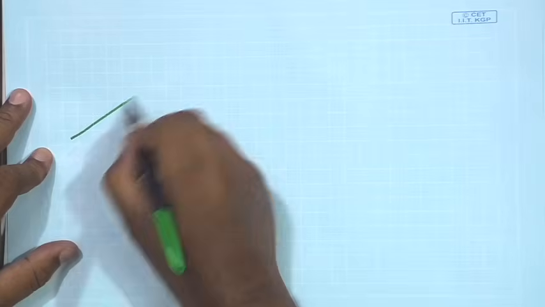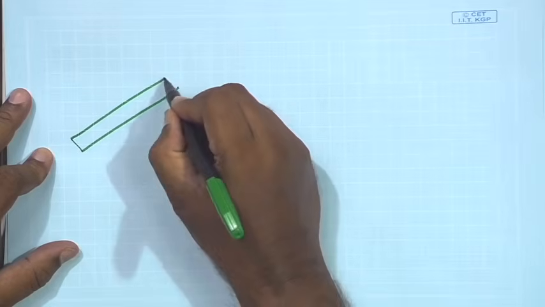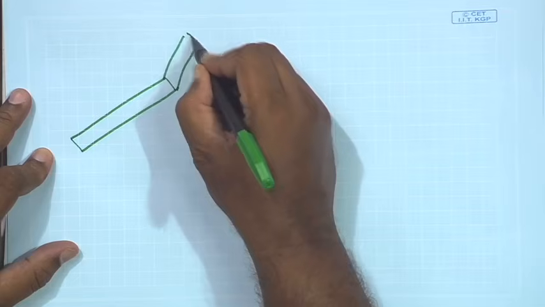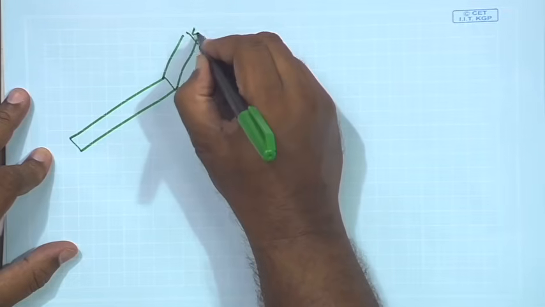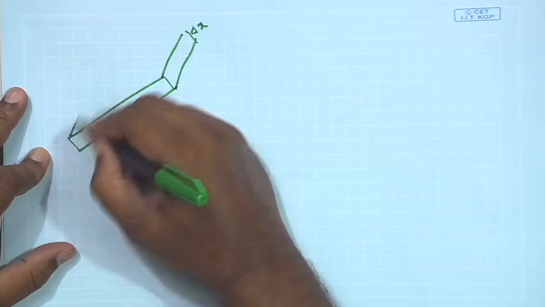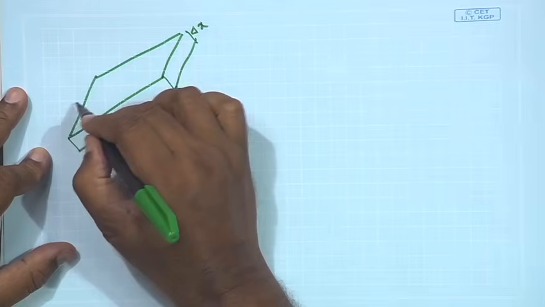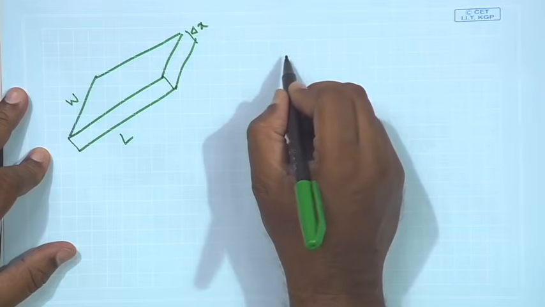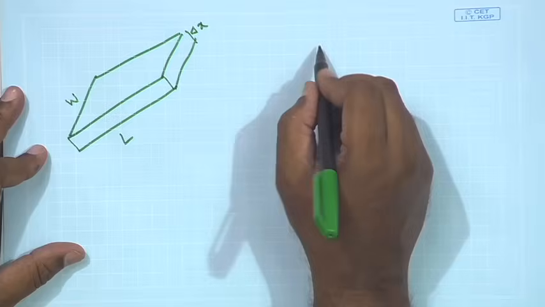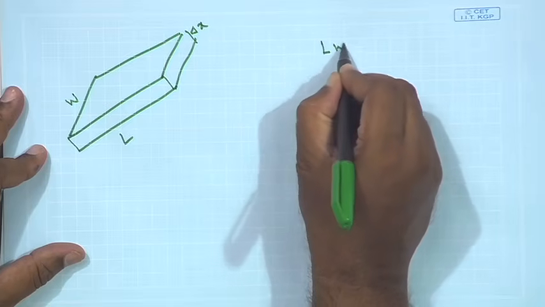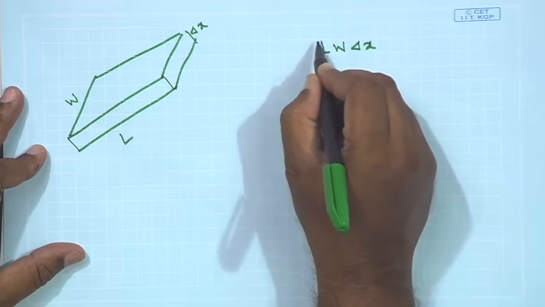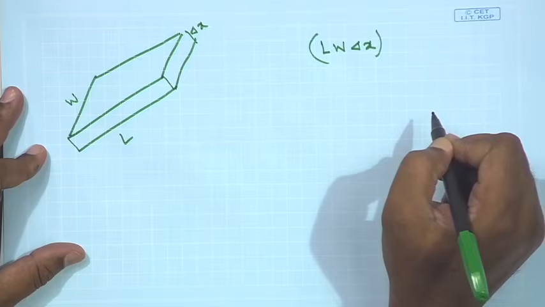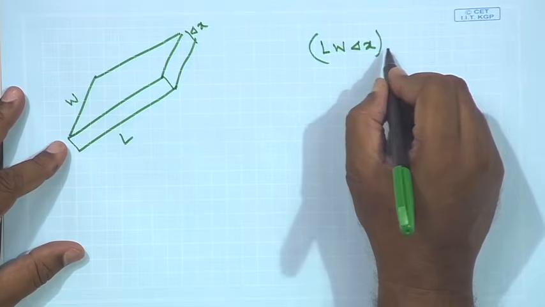There is also a gravity force which is acting on this surface. So, on this control volume, this is again my control volume of thickness delta x, length L, and width W. So, the mass of the liquid which is contained in the volume, which is L W delta x, this is the volume of the fluid inside the control volume.